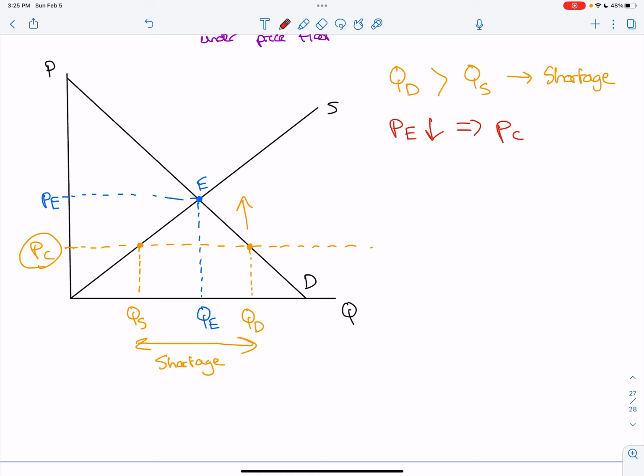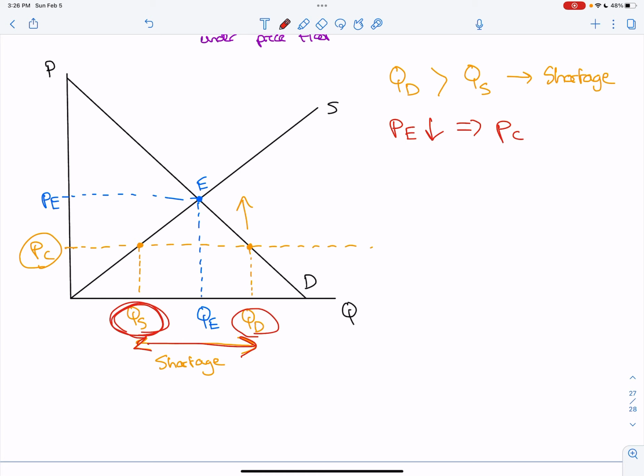And now what will the quantity exchanged be? Well, in this case, you have consumers who want to buy QD, but suppliers only want to supply QS, right? So once all of QS is sold, this extra amount here that consumers want, this shortage, will not actually be exchanged, okay?